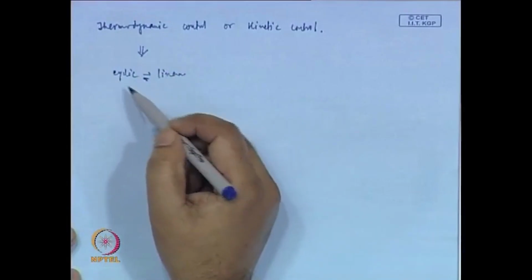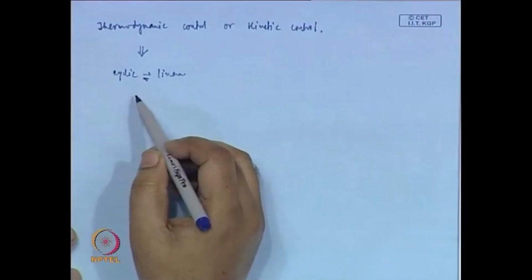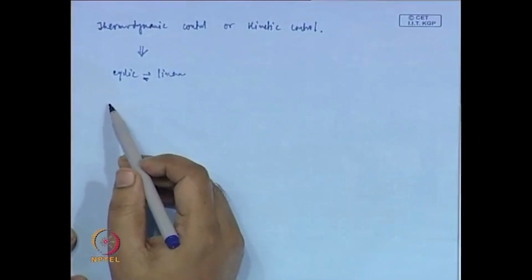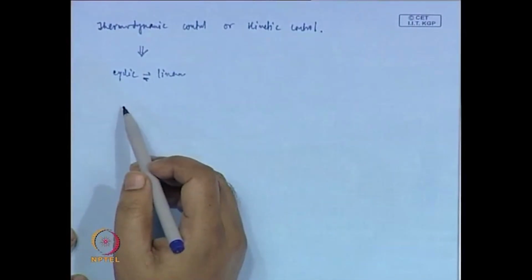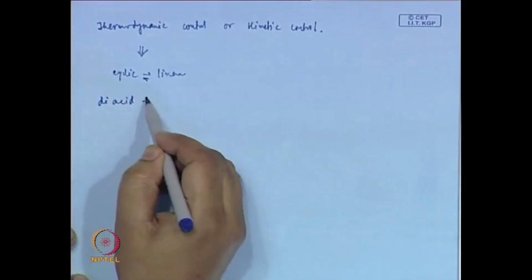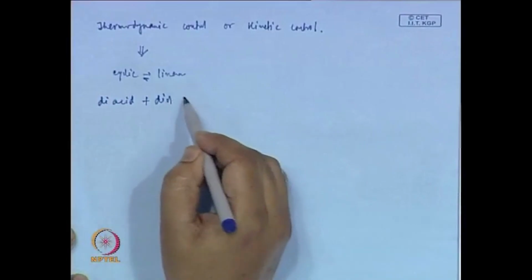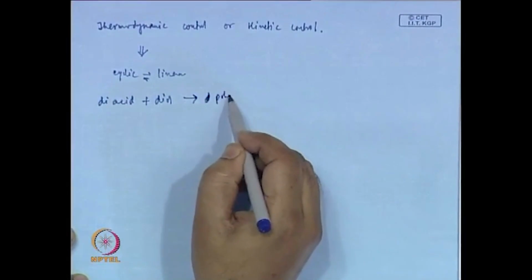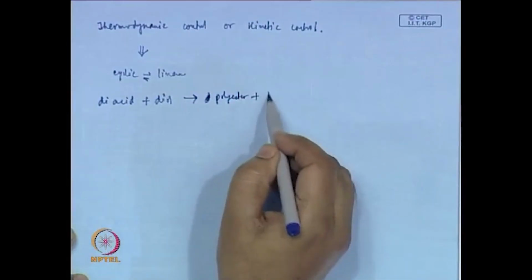Now, one example we can give is normal ester formation, polyester formation from diacid plus diol to give polyester plus H2O.